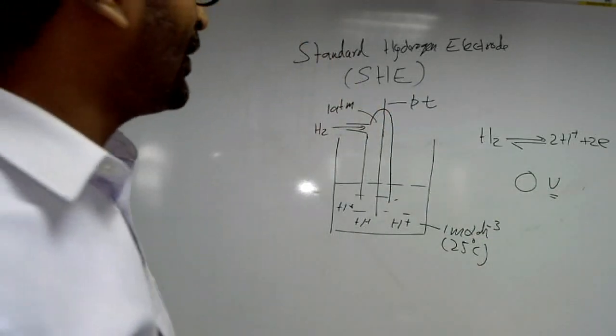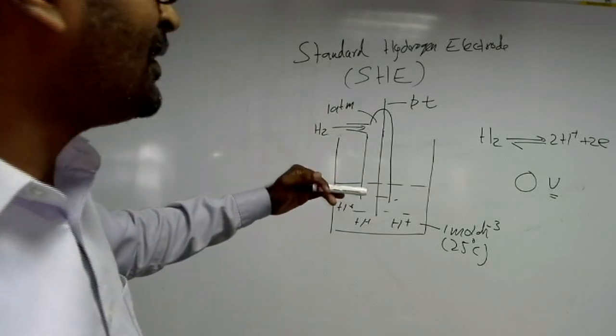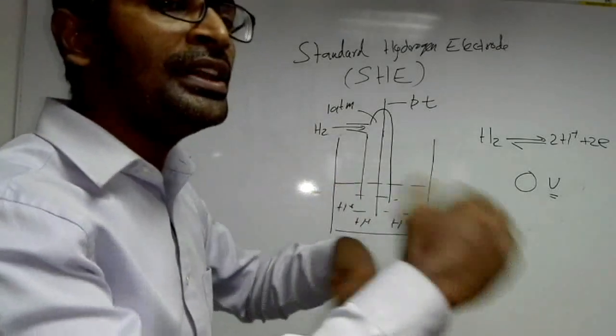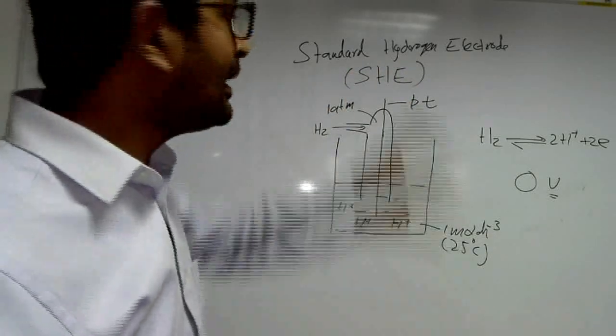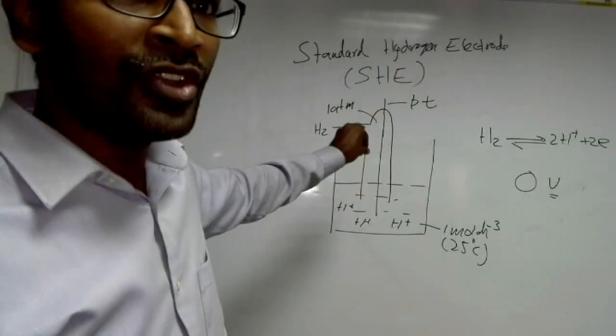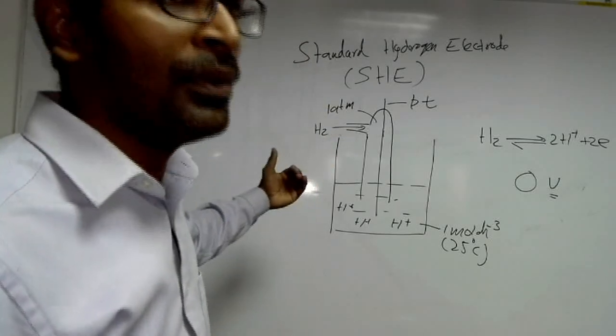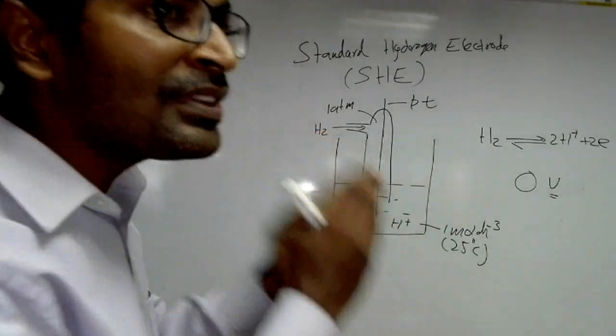Therefore we use this standard hydrogen electrode to measure the electrode potential of other electrodes. When we combine this standard hydrogen electrode with any other type of electrode, we call that a standard electrode.